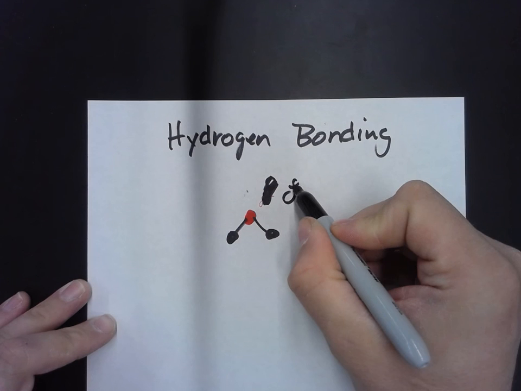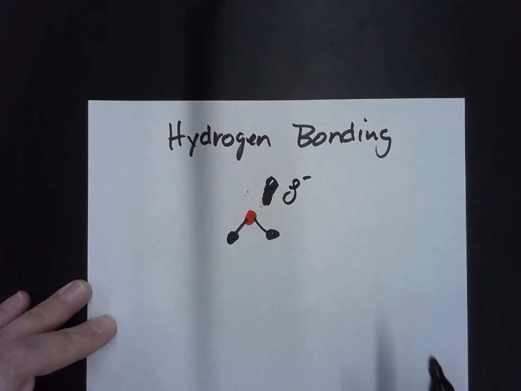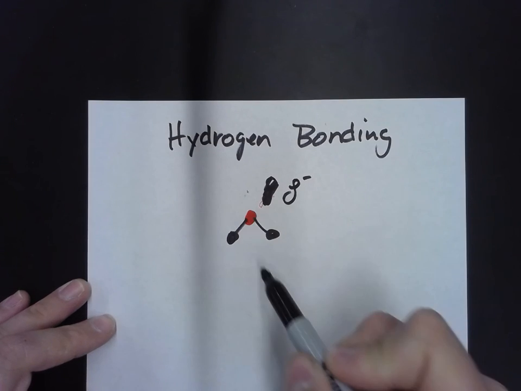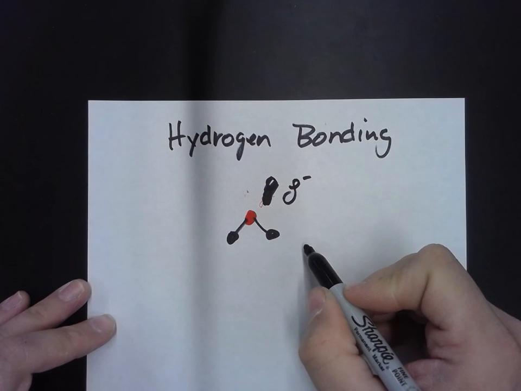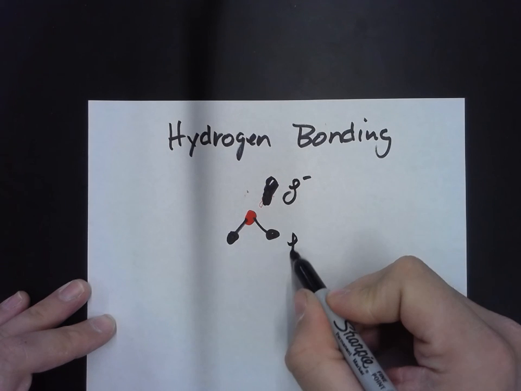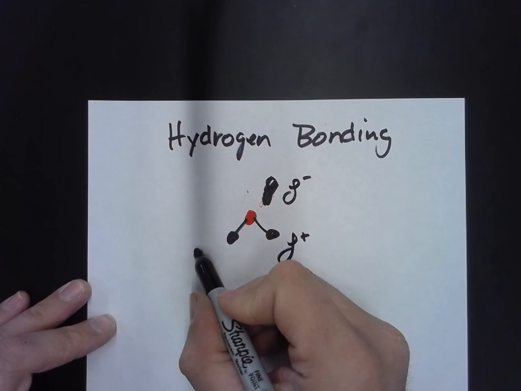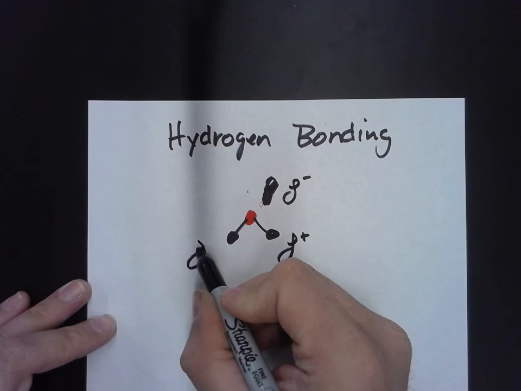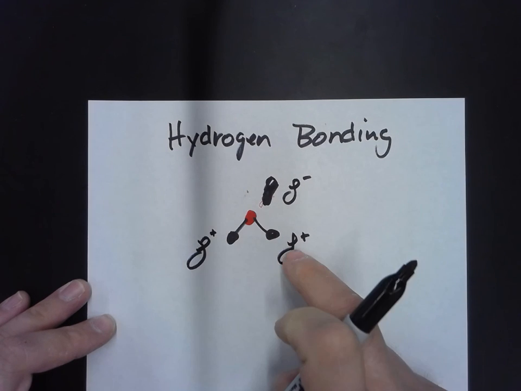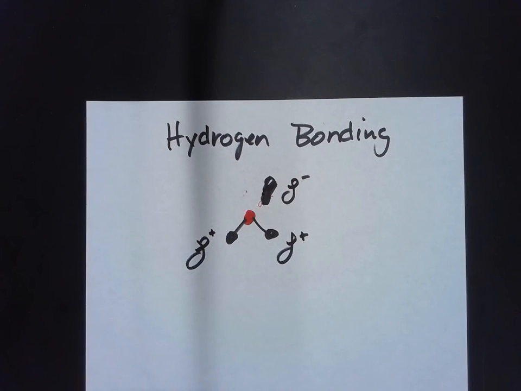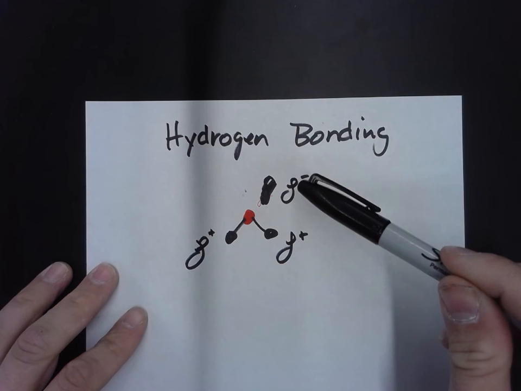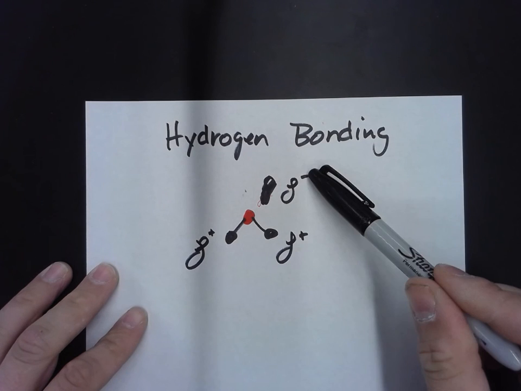That shows that this oxygen is partially negative. By contrast, these hydrogens, since they're losing the electron to the oxygen, are partially positive. And we know that negatives and positives attract one another.